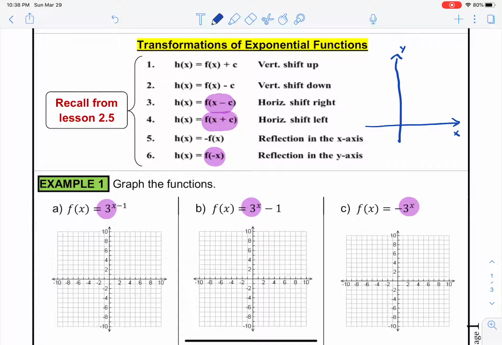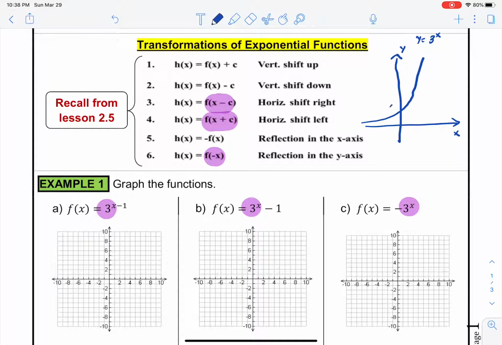Since b is 3 in our case, it is going to grow, the reason being the value of b is greater than 1. So the function is going to go like that.